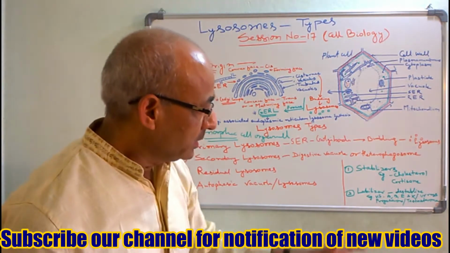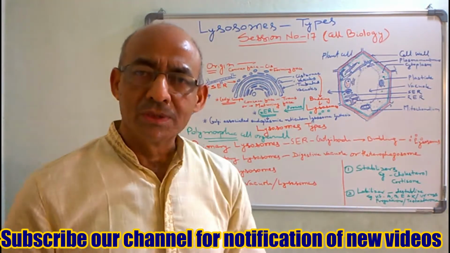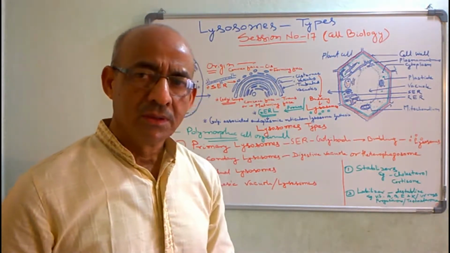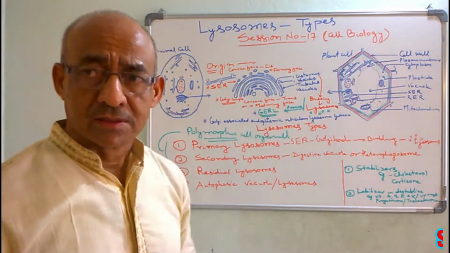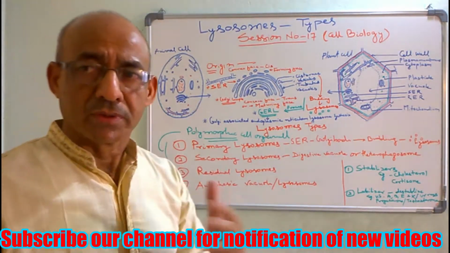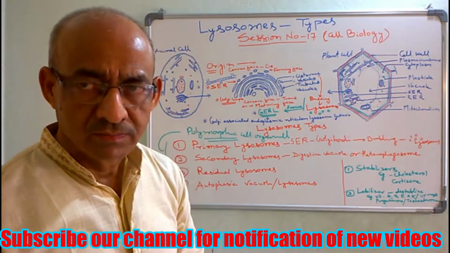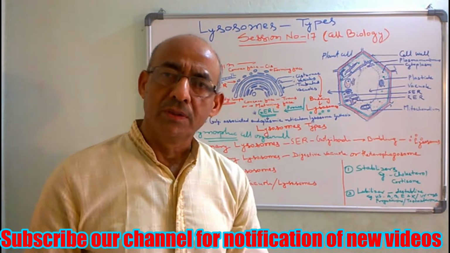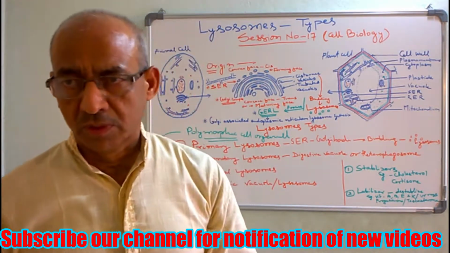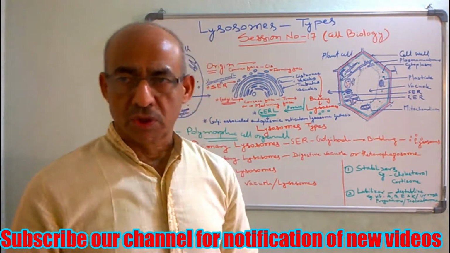Now, the second term is levelizer. Levelizers are just the opposite of stabilizers. These are chemical substances found inside the cells which destabilize the membrane of lysosomes and cause the disintegration of the lysosomes. Examples of such substances are vitamin A, vitamin E, vitamin K. Apart from these vitamins, there are certain hormones like progesterone and testosterone.